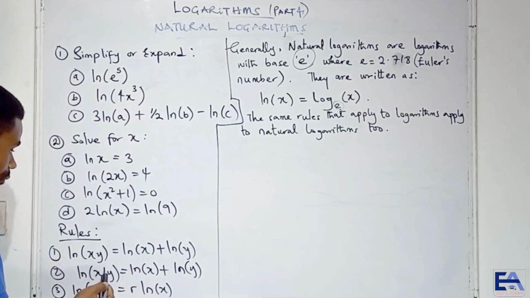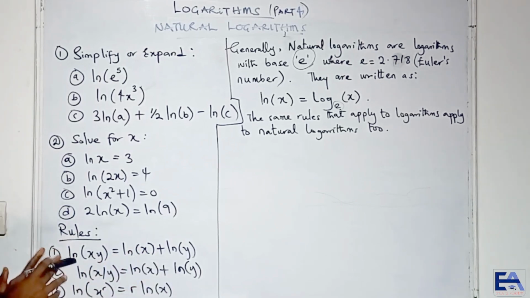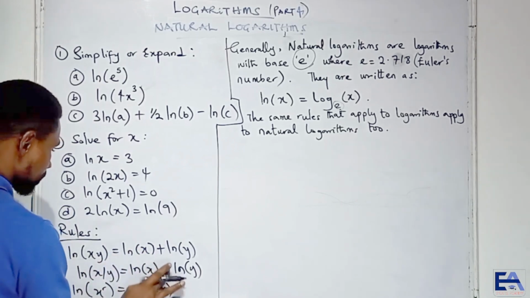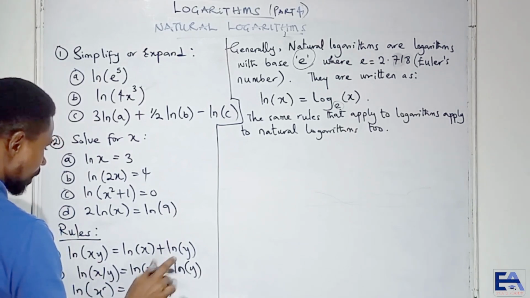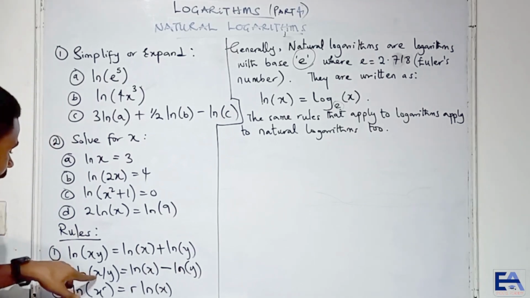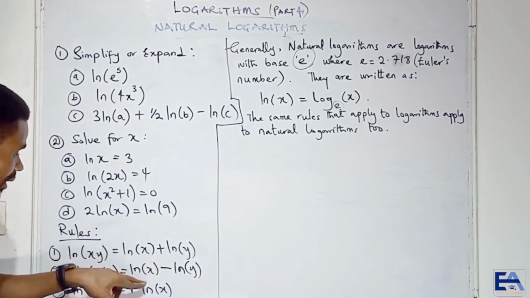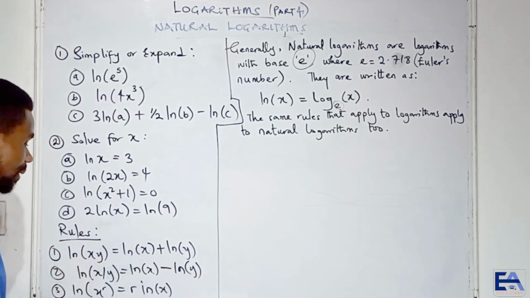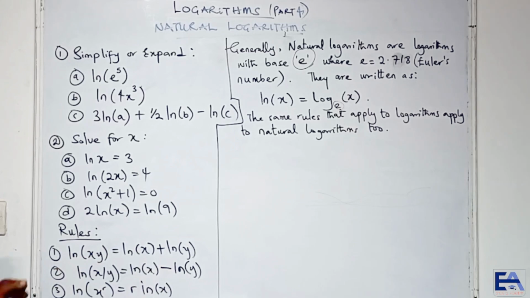The quotient rule applies the same way. Sorry, this plus is minus, it's a writing error. So ln x over y is ln x minus ln y. And then the power rule: ln x raised to power r is r ln x.